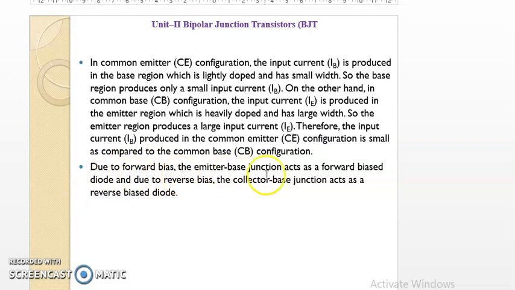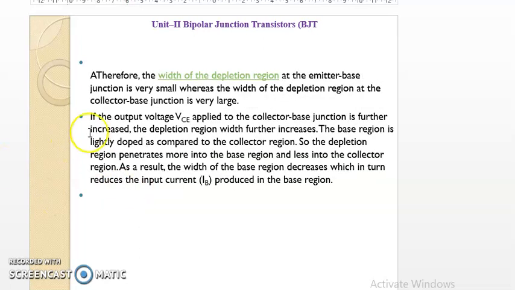Due to forward bias, the emitter base junction acts as a forward biased diode, and due to reverse bias, the collector base junction acts as a reverse biased diode. Therefore, the width of the depletion region at the emitter base junction is very small, whereas the width of the depletion region at the collector base junction is very large.